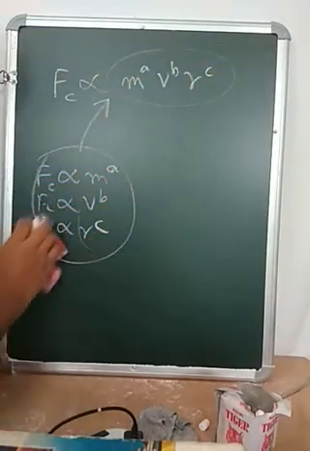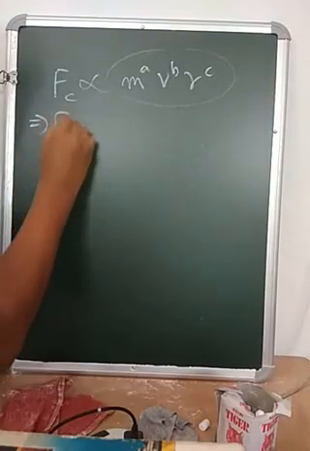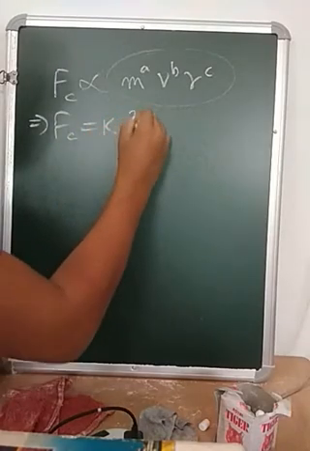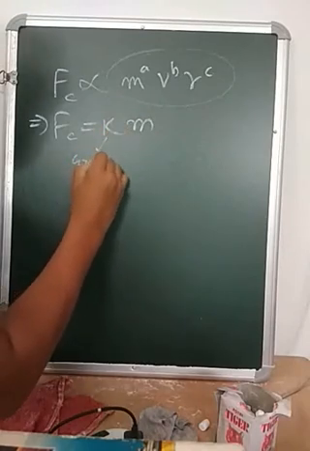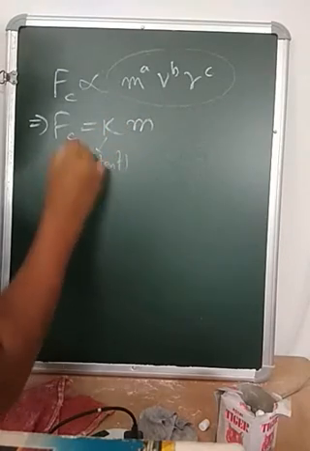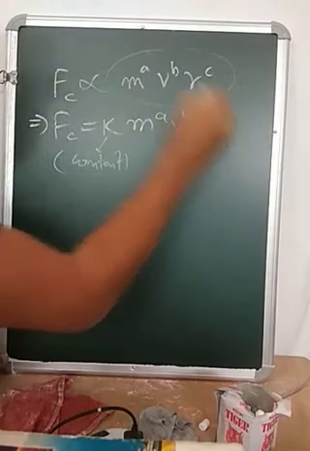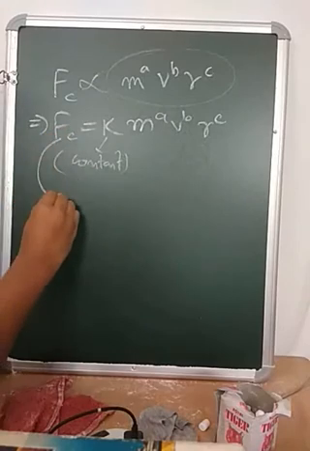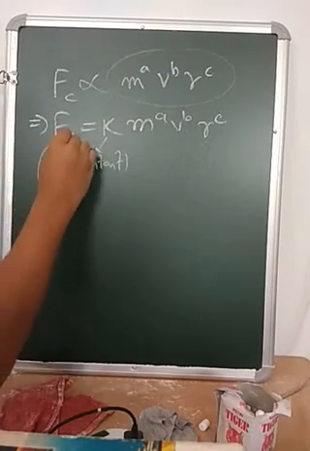When it deals with proportion, we bring a term called constant. Suppose k is a constant. We don't know what it is. So Fc equals k m to the power a, v to the power b, r to the power c. Now we write down the dimension of left hand side and right hand side.